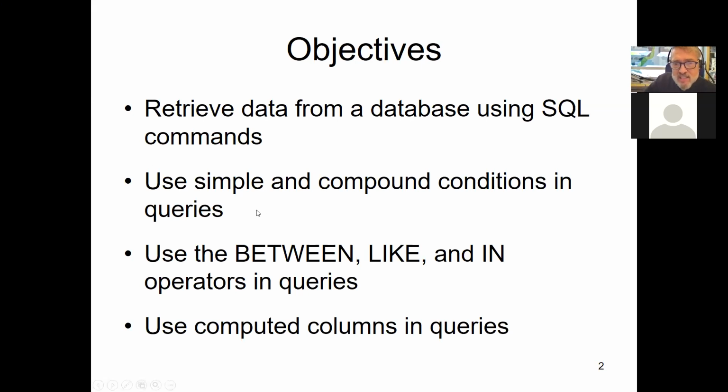But we've got all of these other things that we can do. When we're in the where, we can limit the rows that we're going to get by using a range, which would be between. We can use like to expand the range, I suppose, a bit, because like allows us to have wildcards where we can say, for example, all the things that start with A. So we can say like A%, that would be all the things that start with A, or we could say like %A, which would be all the things that end with A, or we could say like %A%, which would be all the things that have A in the middle.